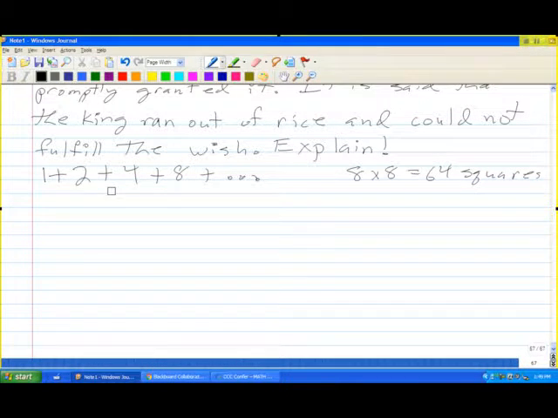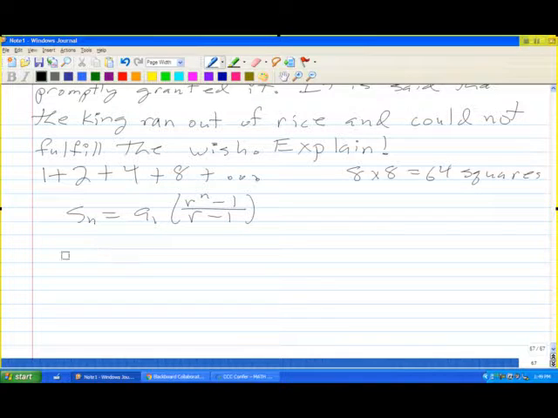I know the formula for the sum of the first n terms: the sum of the first n terms is a1 times r to the n minus 1, over r minus 1. Okay, so let's do that.